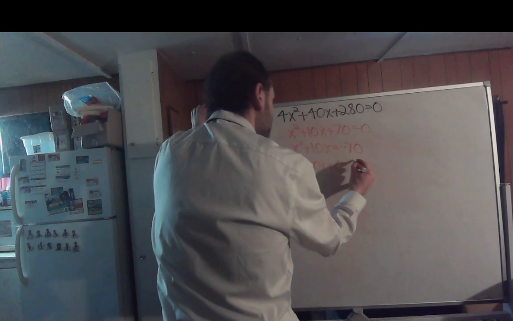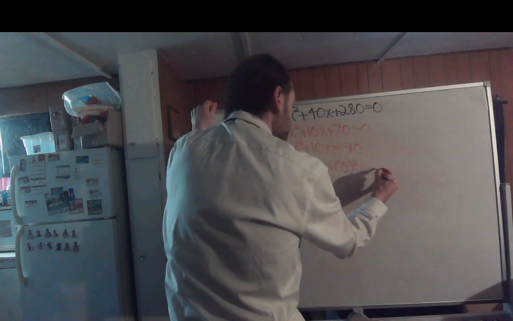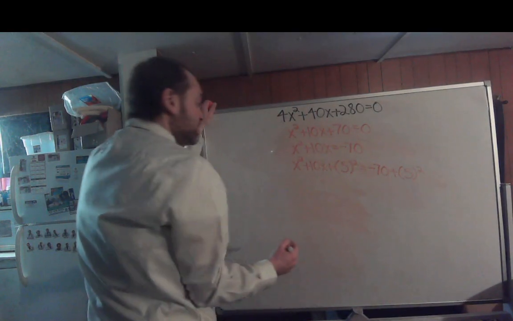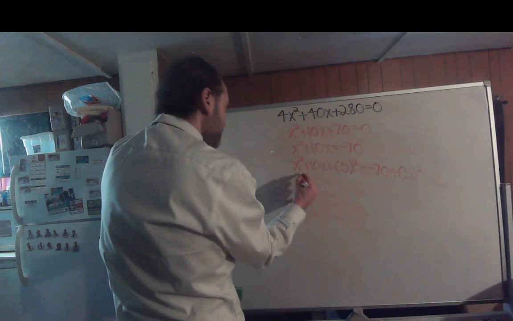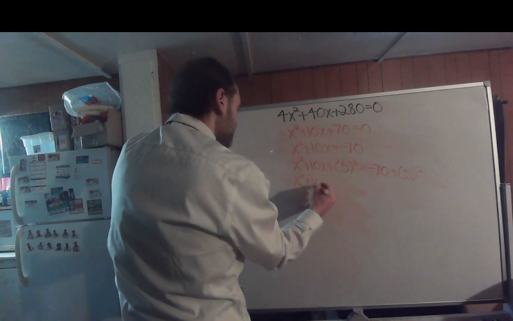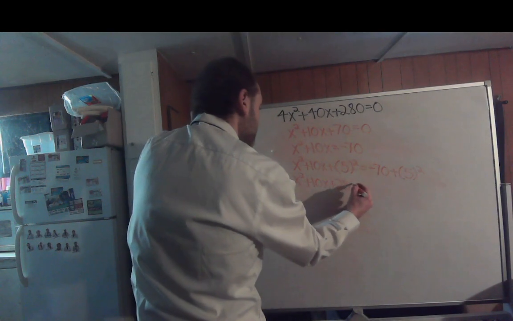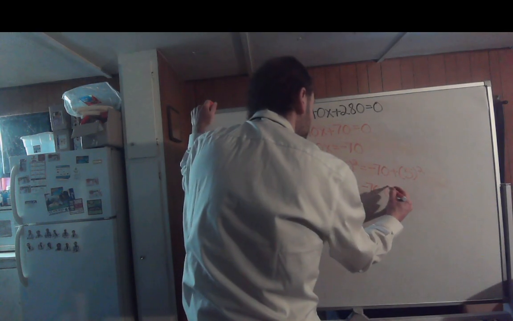But raised to the second power would end up equaling that negative 70 plus that 5 raised to the second power. So this would turn into x squared plus 10x plus 25 is going to equal negative 70 plus 25.